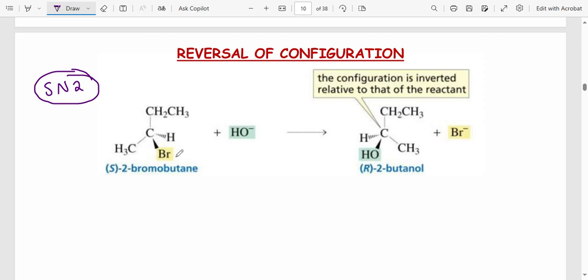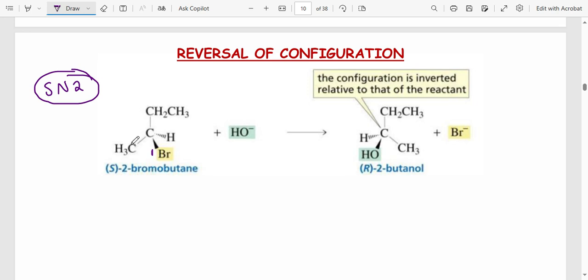Okay. Look at this molecule here. How do you determine the configuration? Look at the carbon. You look at the atoms which are directly attached to the carbon, and then you look at their molar mass. So to this carbon, you have got a bromine, you have got a hydrogen, you have got a carbon and a carbon. Bromine has got a higher mass, so I'll give it a number 1. But I've got 2 carbons.